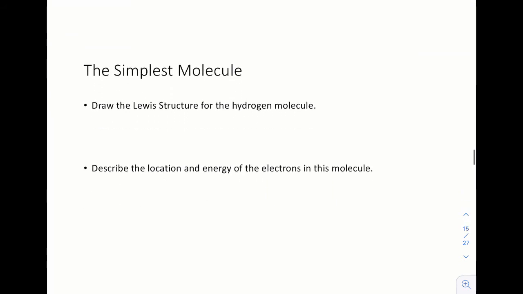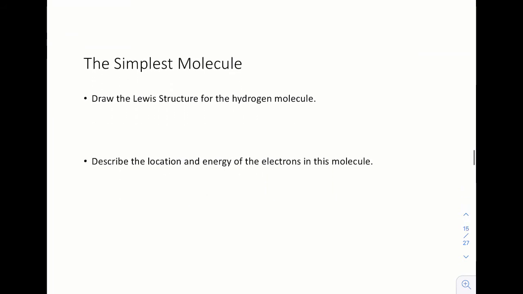Now, before we can think about the molecular orbitals of an alkene, especially a big alkene like retinal, let's take a moment and think about the simplest molecule, which is hydrogen. It has 2 protons and 2 electrons. Fewest parts, simplest molecule. The Lewis structure for the hydrogen molecule looks like this. There are 2 shared electrons between those 2 hydrogen atoms. We can describe the location and the energy of the electrons in this molecule.